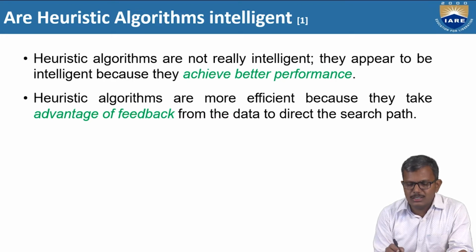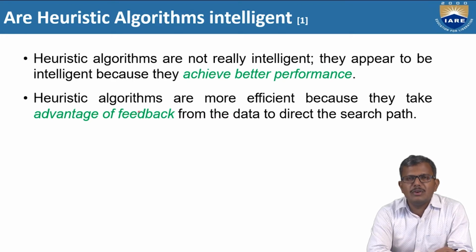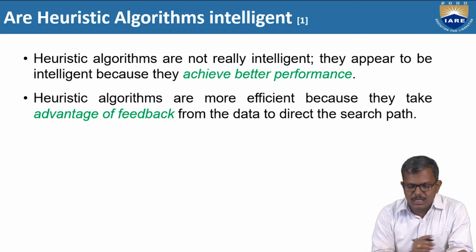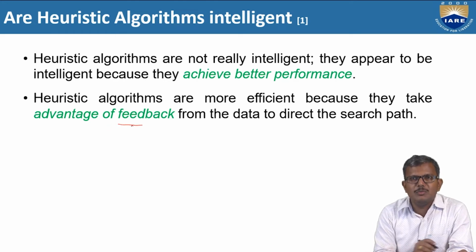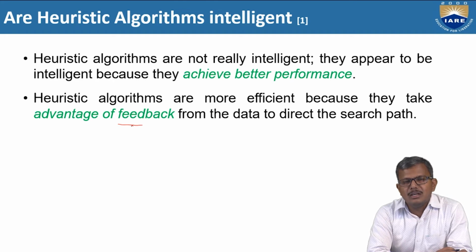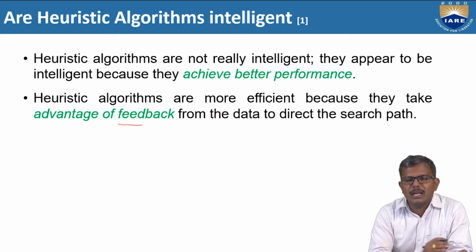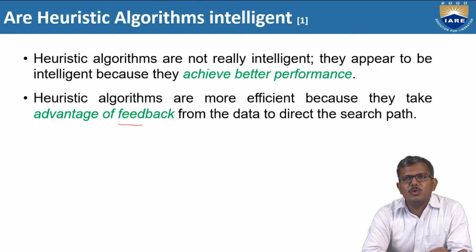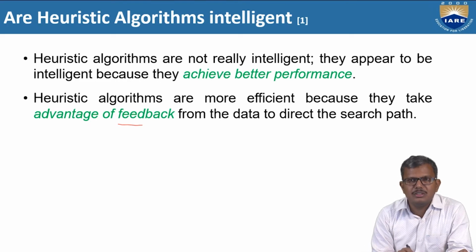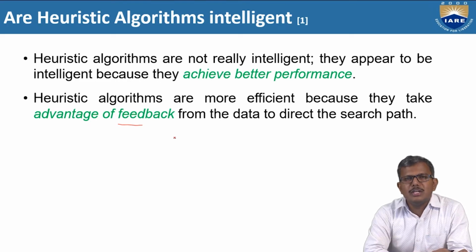But there is an advantage with heuristic algorithms: they take the help of previous things, meaning they make use of feedback. From the feedback, the heuristic search technique learns something and directs us, here the AI agent, towards the goal state. Heuristic search techniques will be more efficient whenever they make use of feedback from the data, so that you can be directed towards your goal state.